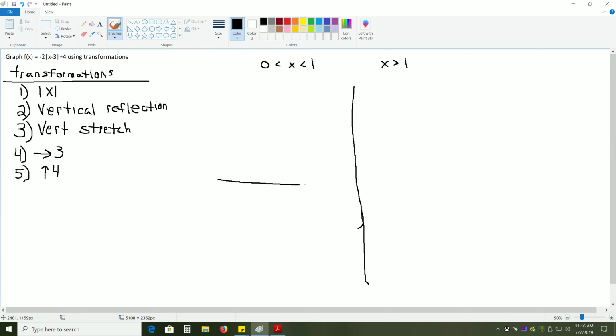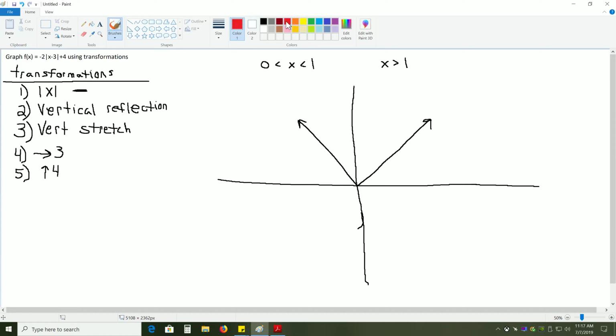It doesn't need to be anything perfect, just a rough idea to show us what this graph will look like. So we start with our base or parent function. That's the absolute value of x. That looks like a V. I'm going to make a color code. I used black for this first one.